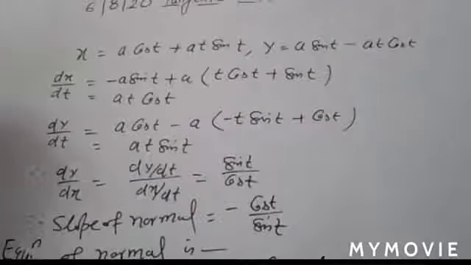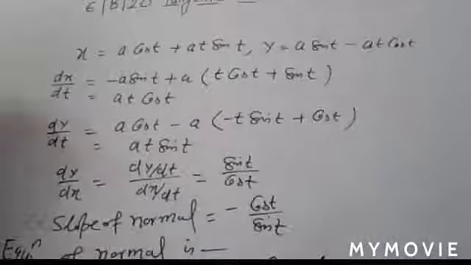But if it is mentioned in your question, find the equation of normal to the same curve at t is equal to pi by 4 or some other value, then you have to put that value of t in x and y to get the values of x1 and y1. But if it is not given, you put the parameter directly. Understood?